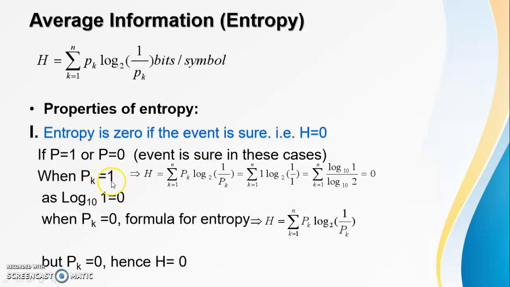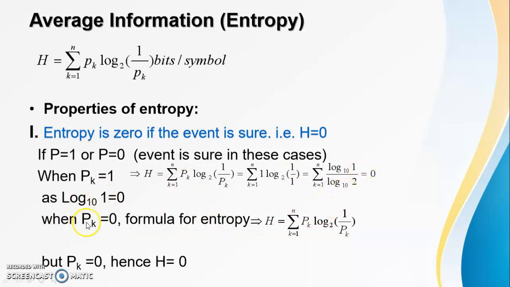When Pk equals 1, we can write the formula of entropy, and in place of Pk we put 1. So it is log base 2 of 1 by 1, or we can write log10 1 by log10 2. Now we know that log10 1 equals 0, so the total will be 0.